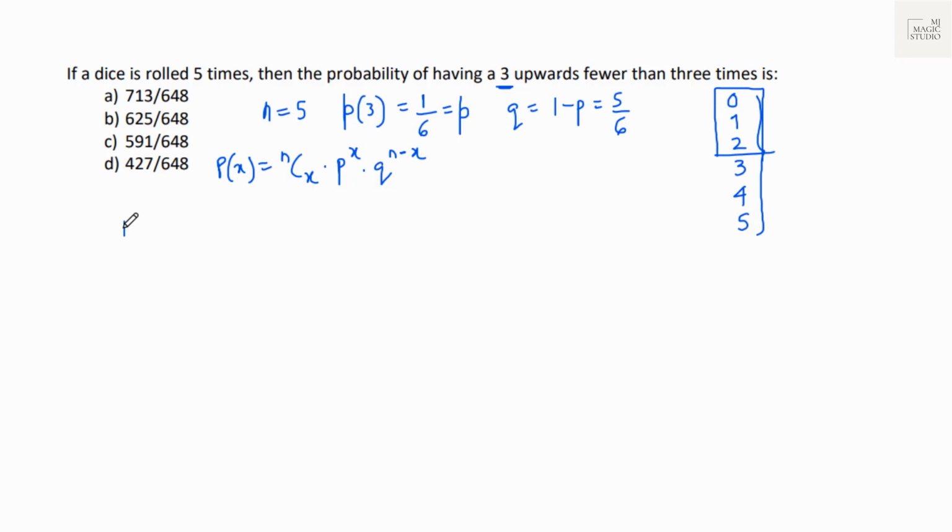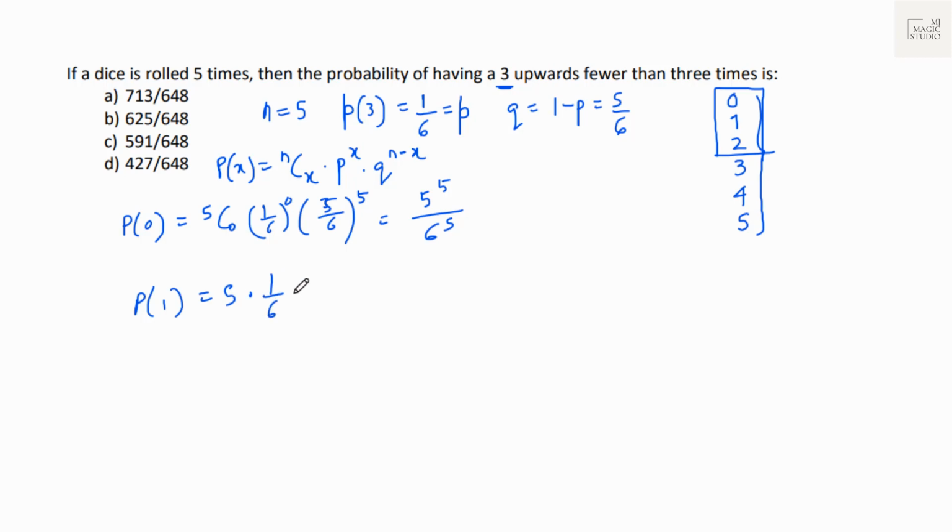We need to find the value of P0, that is 5C0 into 1 by 6 to the power 0 into 5 by 6 to the power 5. 5C0 is 1, so this will be 5 to the power 5 by 6 to the power 5. P1, 5C1 is 5 into 1 by 6 to the power 1 into 5 by 6 to the power 4.